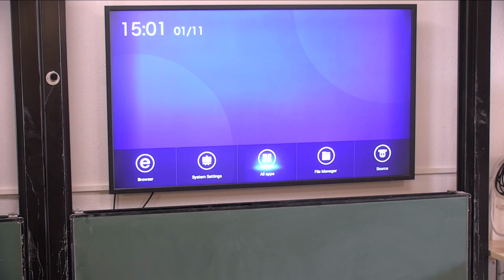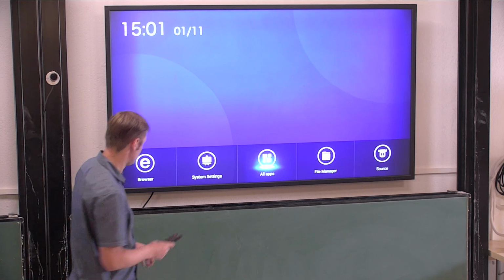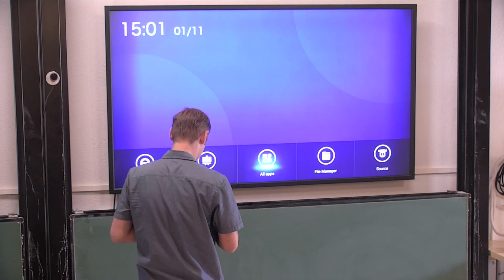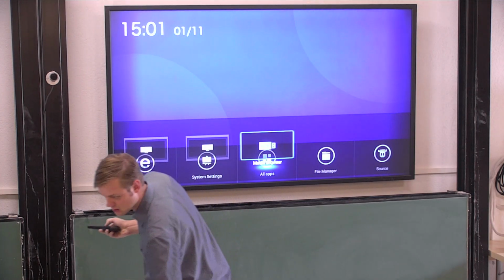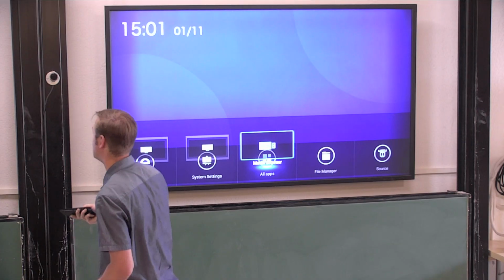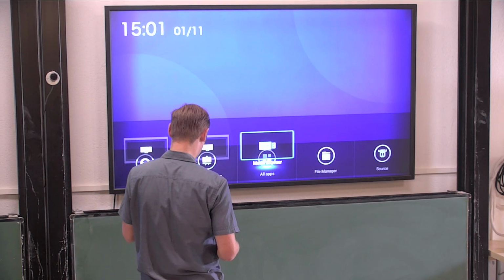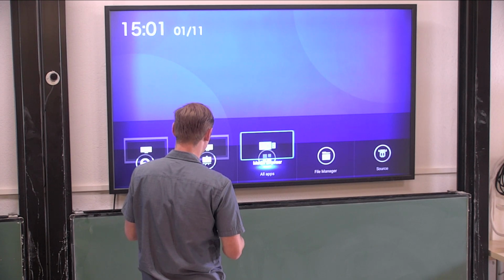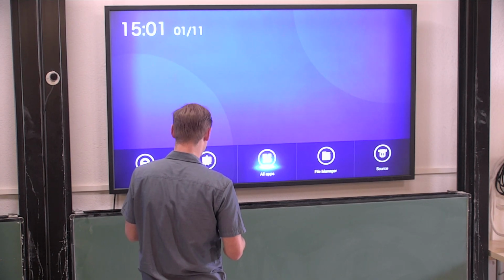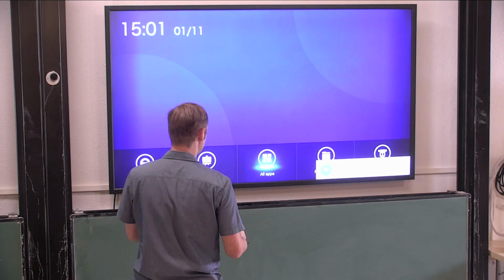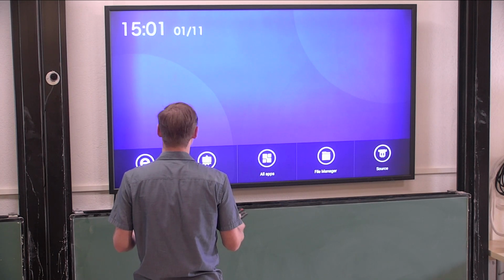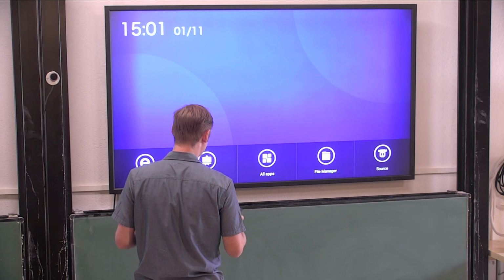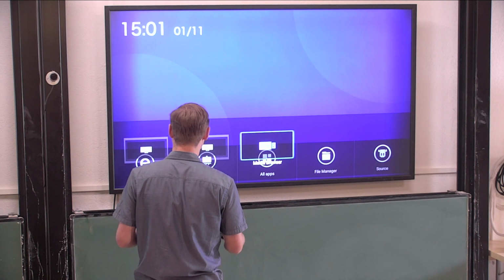I think you have to change the source. Nothing up here? The HDMI? I don't know which remote belongs to which. When you pressed on that one, it did something here, so maybe. There we go. Let's see, HDMI.